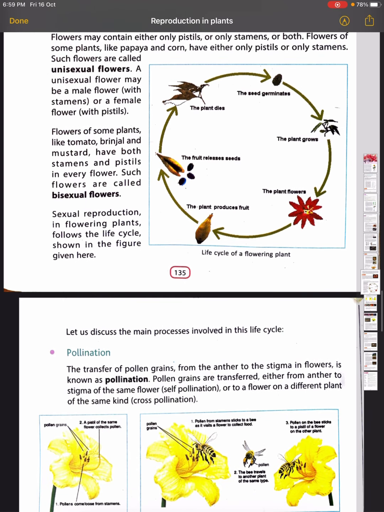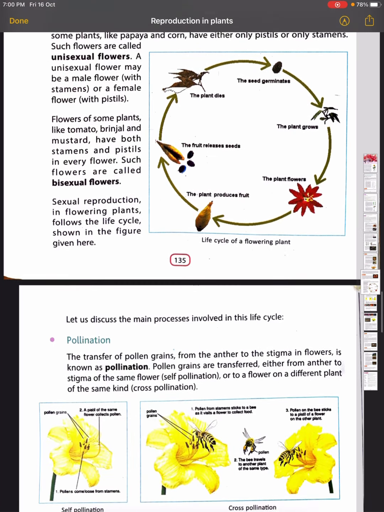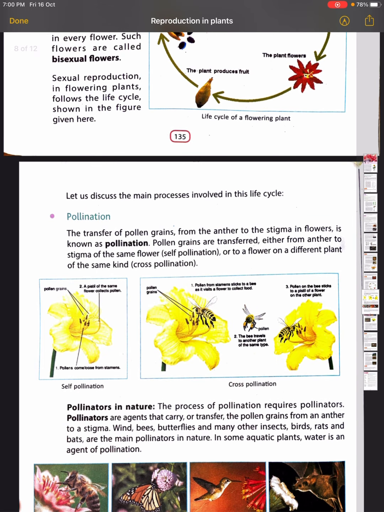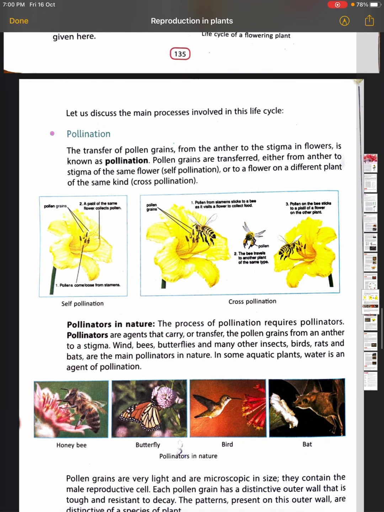Sexual reproduction in flowering plants follows the life cycle shown in the given figure. You can see here. So let us discuss the main processes involved in this life cycle. First, pollination.